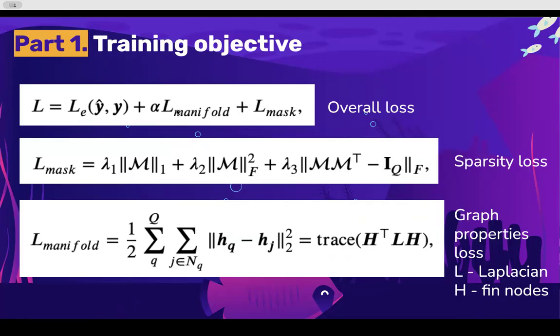One more component is the loss component which wants learning of a meaningful graph. Their idea of a meaningful graph is that node embeddings that are connected in the graph will be similar. And so by minimizing this objective, it shows which metrics should get more similar.